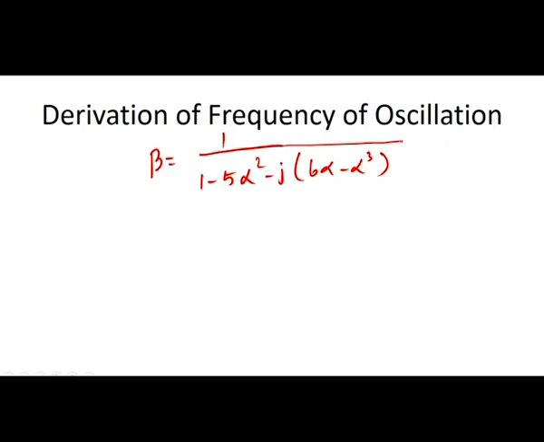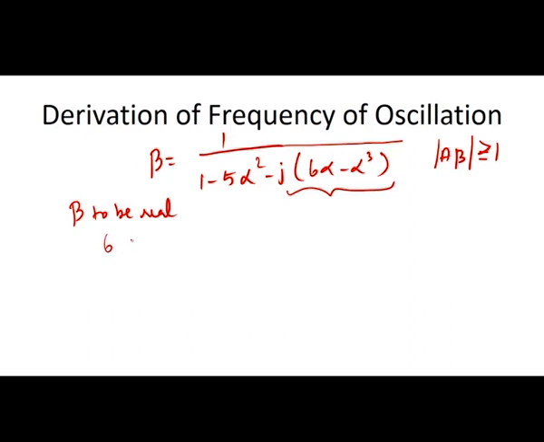So, we know that the magnitude of A beta must be equal to or greater than 1. This is one of the Barkhausen criteria. So, in order to make this beta to be real, we have to consider the imaginary term equal to 0.